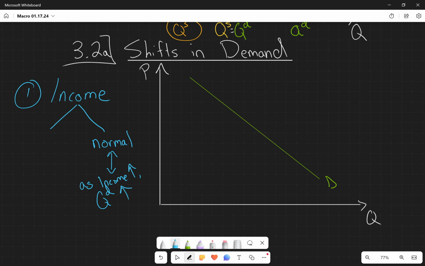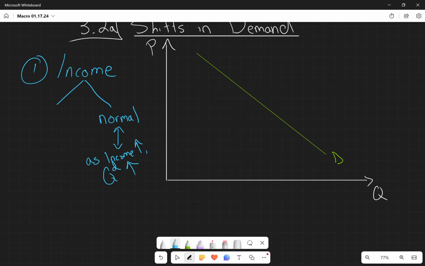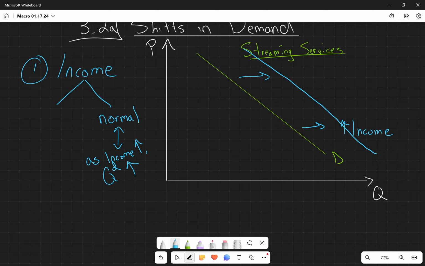So if our good is, like I said, consumer electronics, or just streaming services, Disney Plus and stuff like that, if we get more money, it's going to result in a shift to the right of the demand curve.